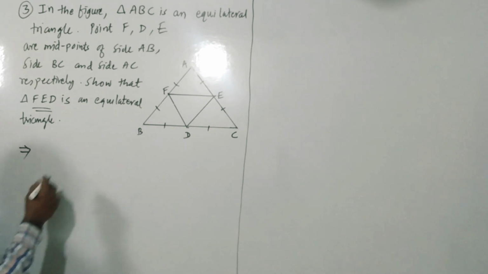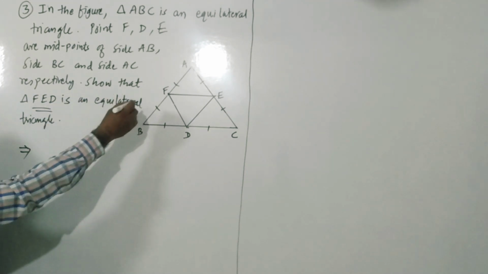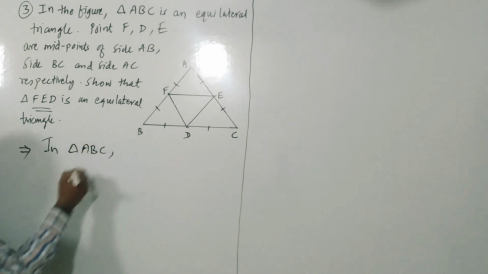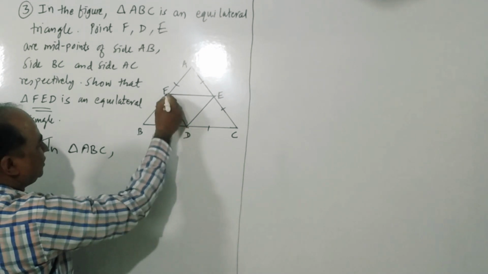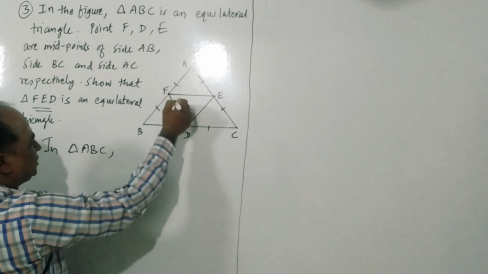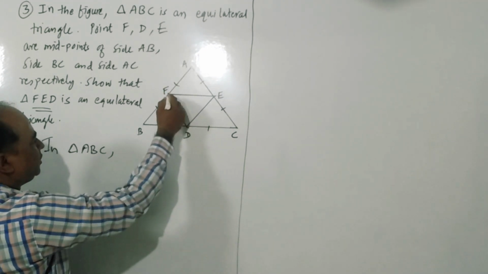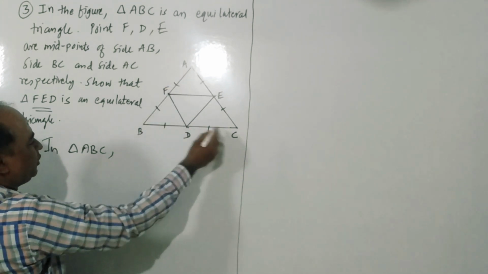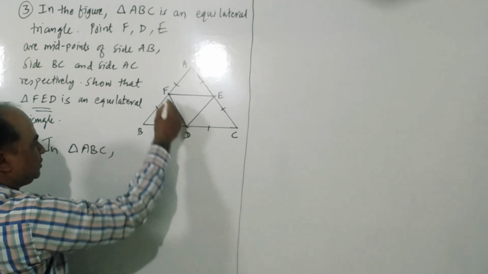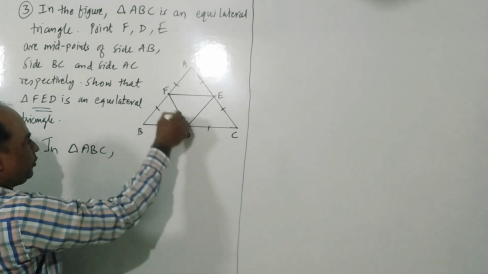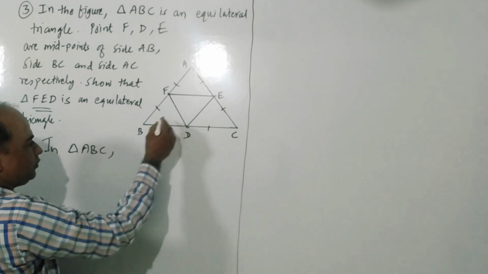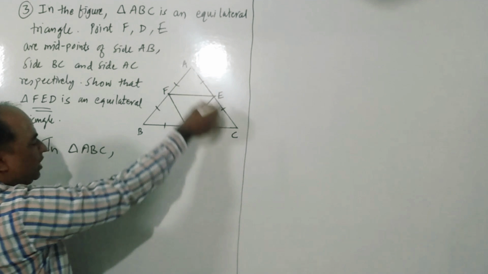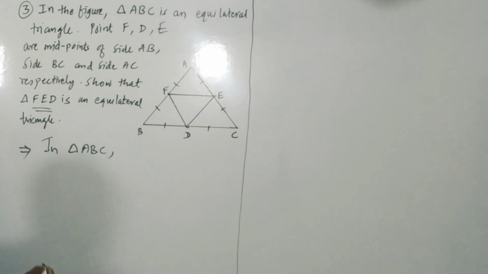So here it is given that in triangle ABC, F is midpoint of AB and D is midpoint of BC. So these are the midpoints, and by midpoint theorem, a segment joining the midpoints of two sides of the triangle is half the length of the side and parallel to the third side of the triangle.